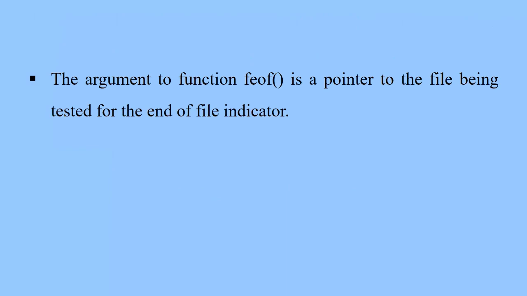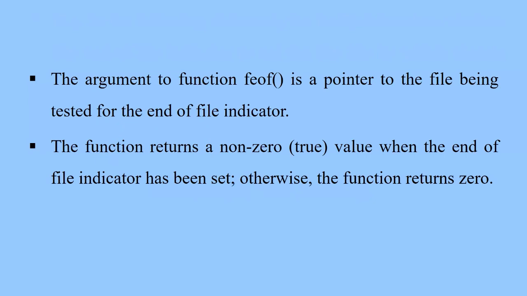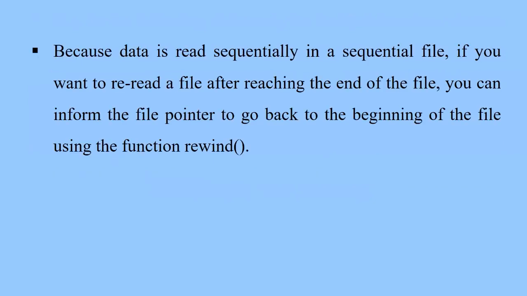The argument to function feof is a pointer to the file being tested for the end of file indicator. The function returns a non-zero value, that is a true value, when the end of file indicator has been set. Otherwise, the function returns 0.